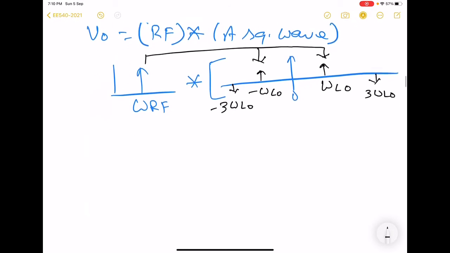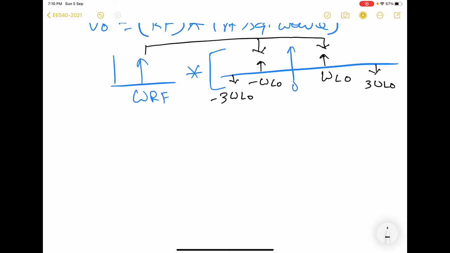Now we would like to see what is the linearity of this switch-based mixer. Because it will always be taking input as a band of frequencies, it should be able to do this translation for each of those frequency components.